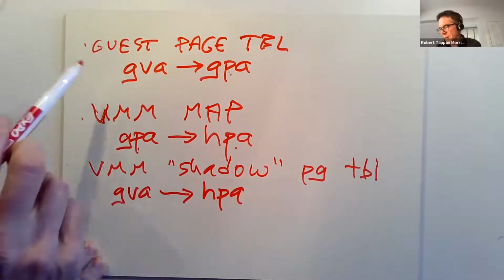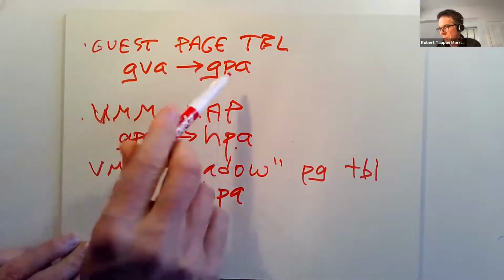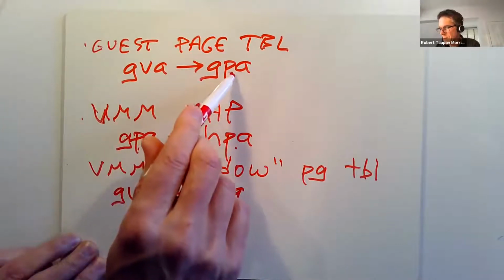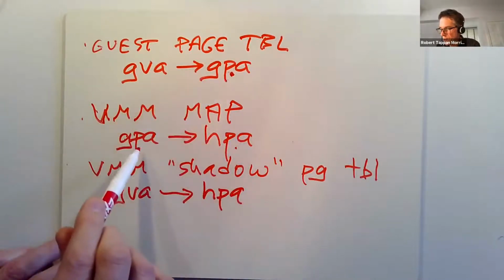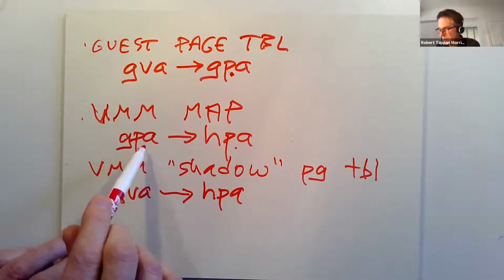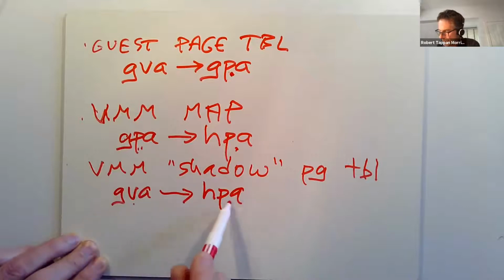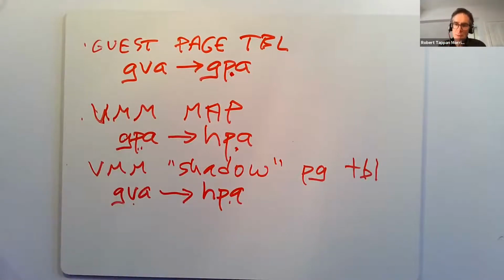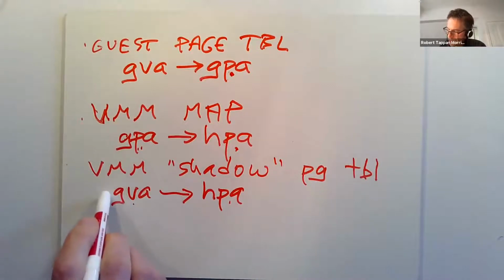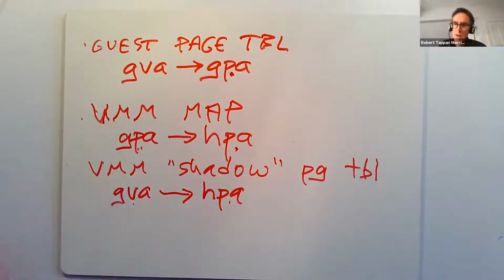It's constructed by taking every entry in the guest page table, looking at the guest's desired guest physical address, using the VMM map to translate that guest physical address to a real host physical address, and putting that virtual and physical pair into the shadow page table. And then the virtual machine monitor sets this in SATP as the real page table before returning to the guest kernel.